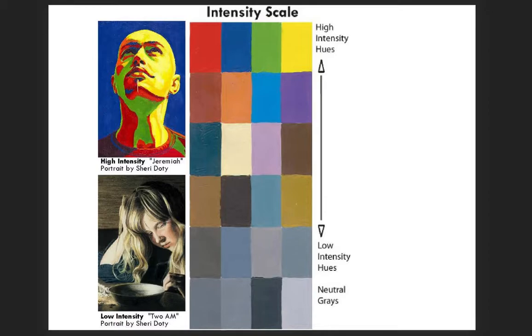If you have high intensity colors, that just means that they're not desaturated somehow. And you can desaturate colors one of 2 ways: by adding black or white, not at the same time, or adding its complement, okay? Adding its complement.